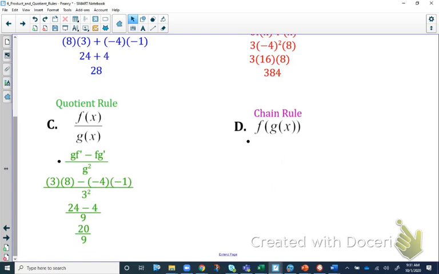So here for the chain rule on D, I'm going to take the derivative of the overall function and multiply it by the derivative of the inside part, which would be function g. Okay, so that's how I'm kind of setting this one up. So plugging in here, I'm going to plug in the 2 for the x's, and in this case, g of 2 has an output of 3, and g prime of 2 is given to be negative 1.